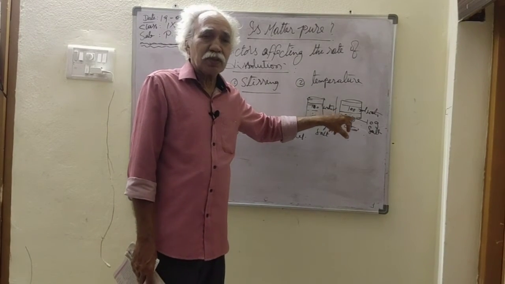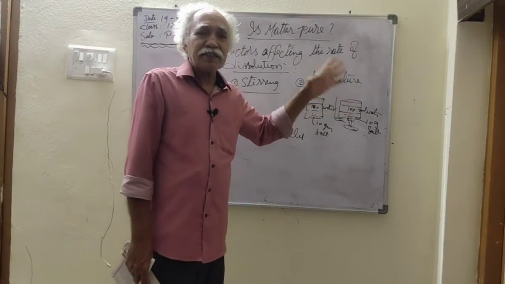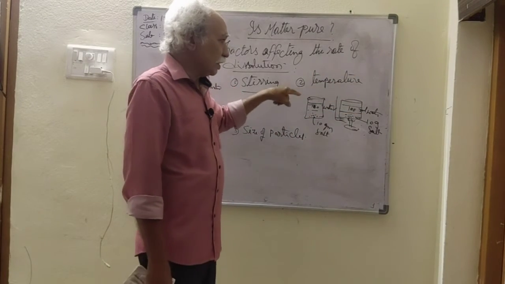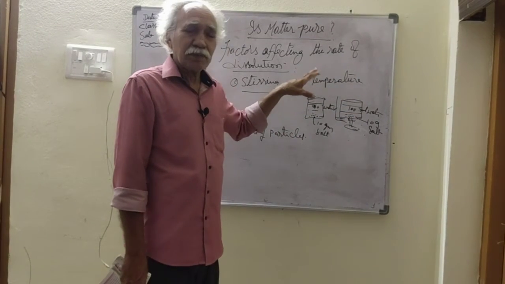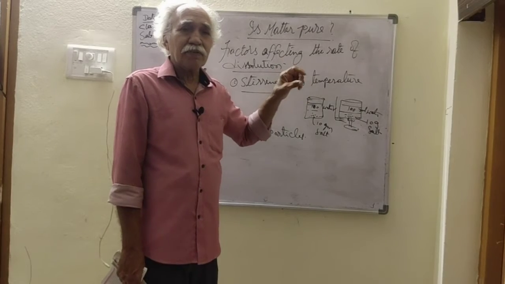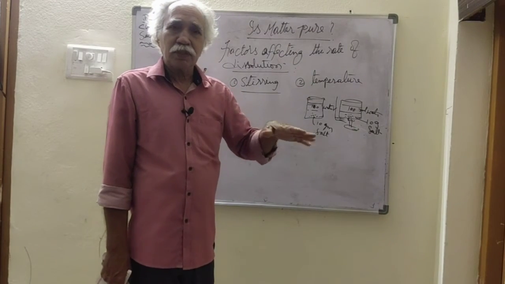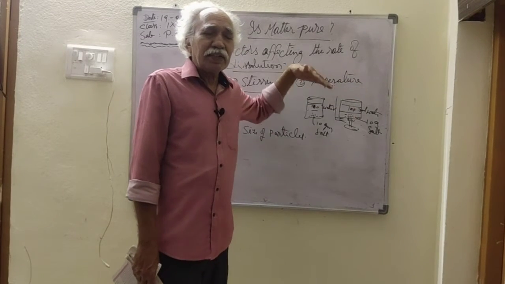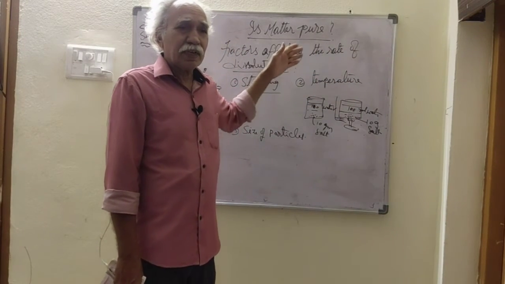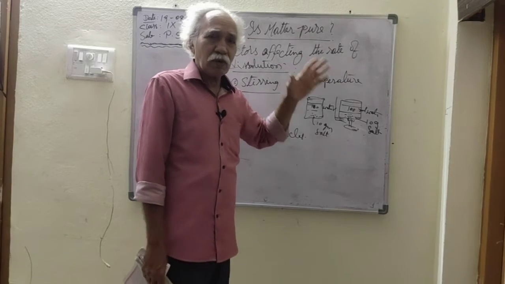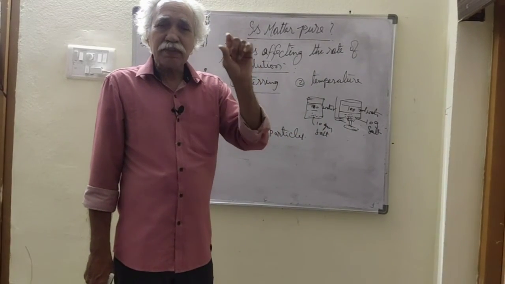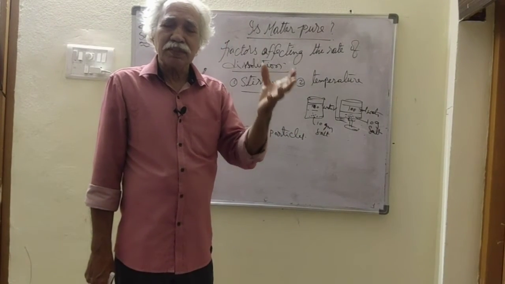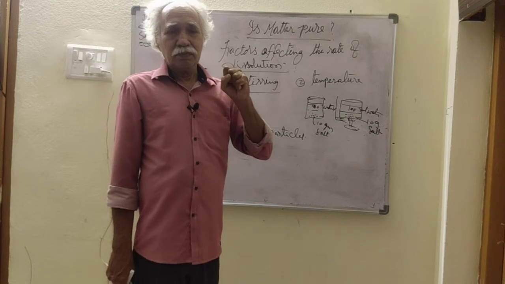Here the rate of dissolution is more as the temperature increases, but where the temperature remains constant, the rate of dissolution is less. So rate of dissolution depends on temperature.